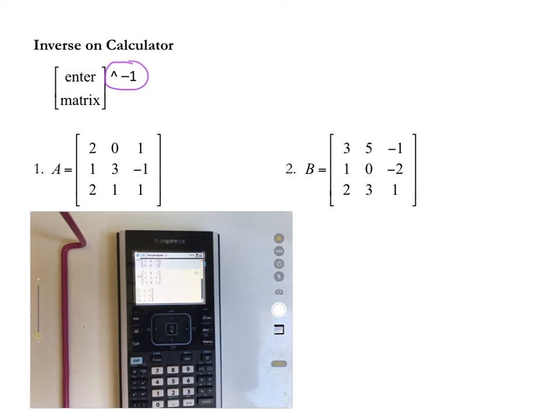And then if you remember what an inverse looks like, like if we went back to when we did inverse with sine, we did sine -1 to do arc sine. So that's the same thing we want to do here, is we actually want to take it to the -1 power. So you're going to use this caret button here to the -1 power, and you just hit enter. And that's what you would copy down as your answer for the inverse.